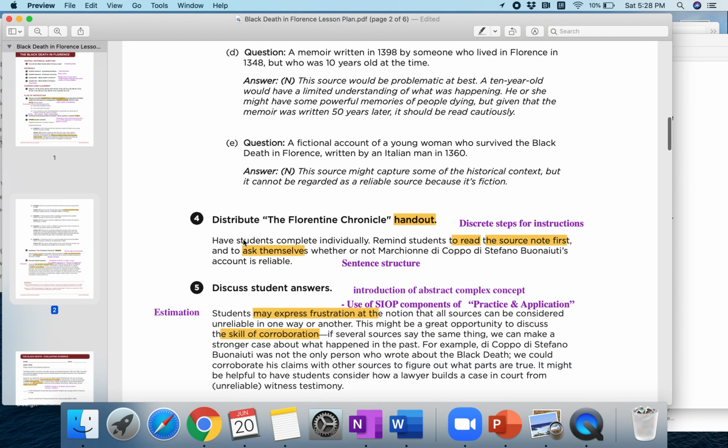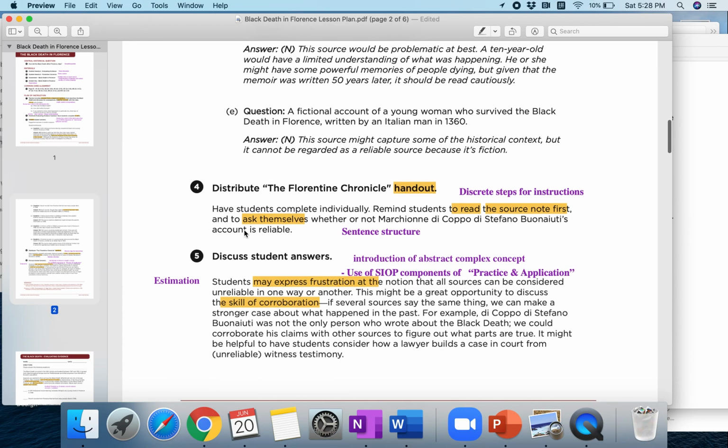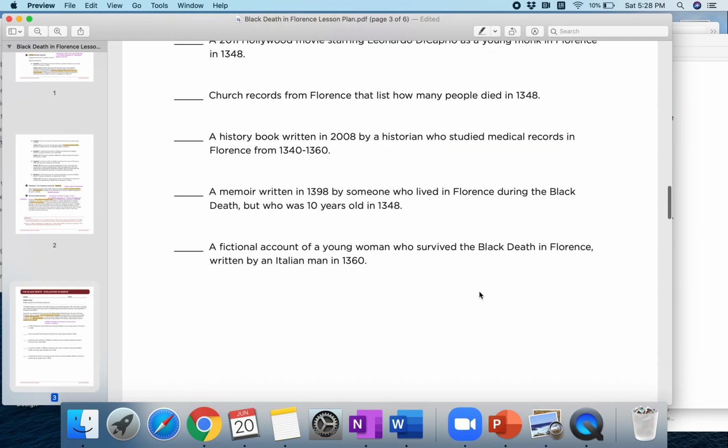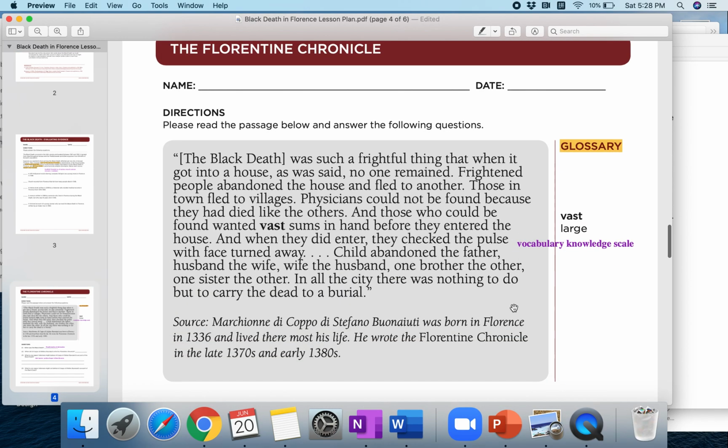The fourth step is to work on the Florentine Chronicle handouts. Here, the students are asked to work individually, and it also comes with discrete steps for instructions. First, the students need to read the source note first and ask themselves a question. Again, let's take a look at this file.